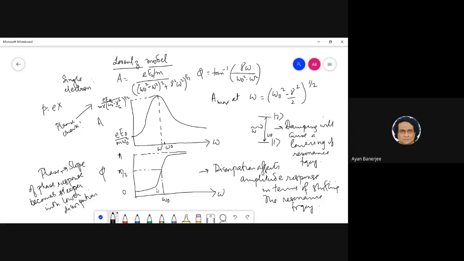The pi by 2 exactly at resonance is not given that much importance. What is crucial is that before and after resonance you get a shift of pi. That is what you will generally hear as the descriptor of resonance. Okay, so let us now go back; this is the general understanding.